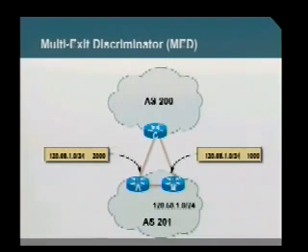Router C will see two paths with different MEDs, different metrics. And, well, in this case, just to confuse, the lowest MED wins. So the best path inbound will be from router C to router B.